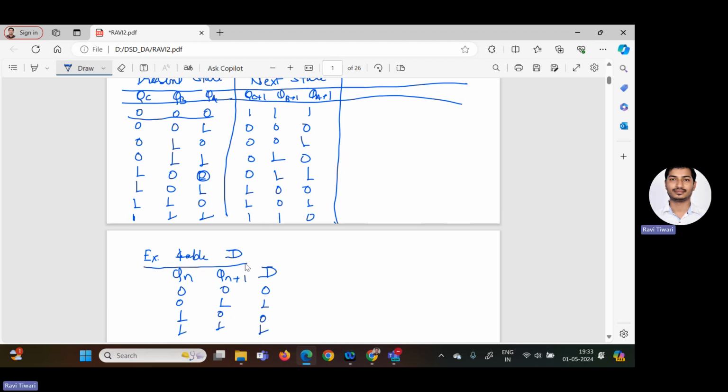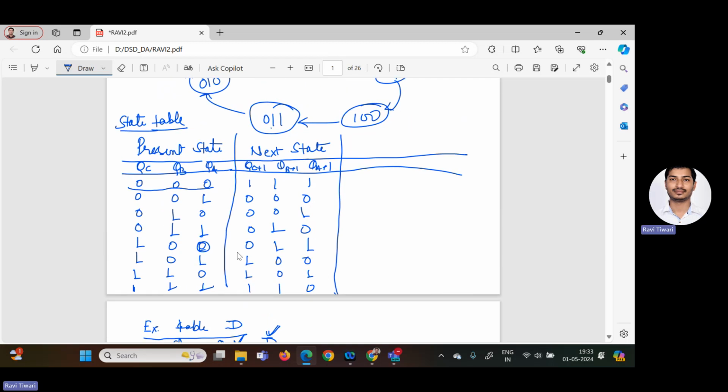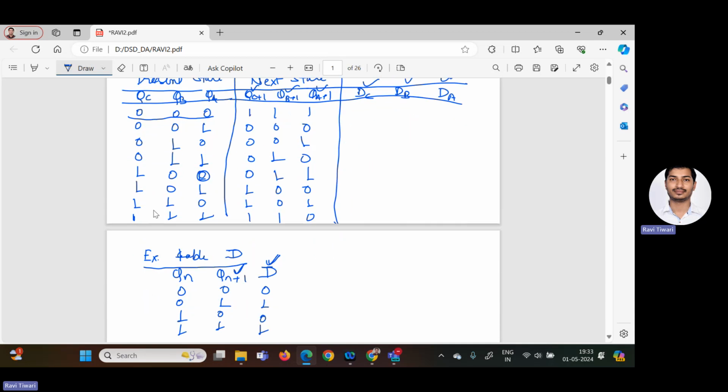With the D flip-flop, the good thing is what? The value of next state is similar to that of D. So to find out the values of DC, DB, and DA, just note down the same thing from the next state as DC, DB, and DA, because whatever the next state is, it will be similar to D, which we checked using the excitation table, right?